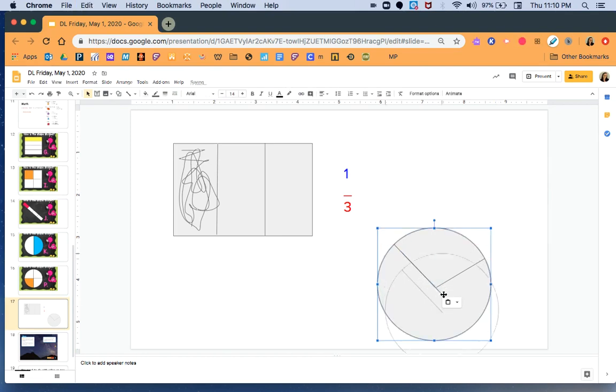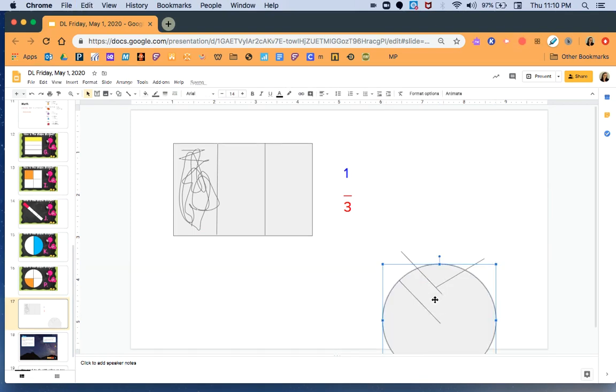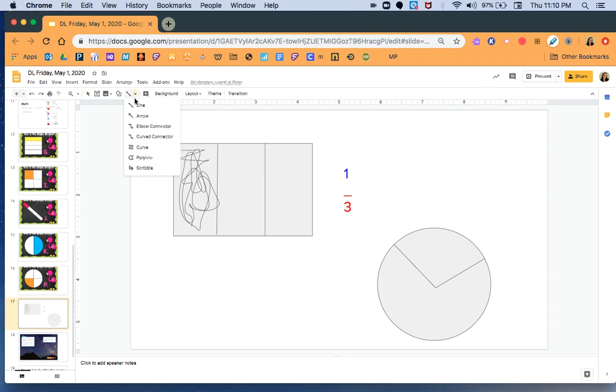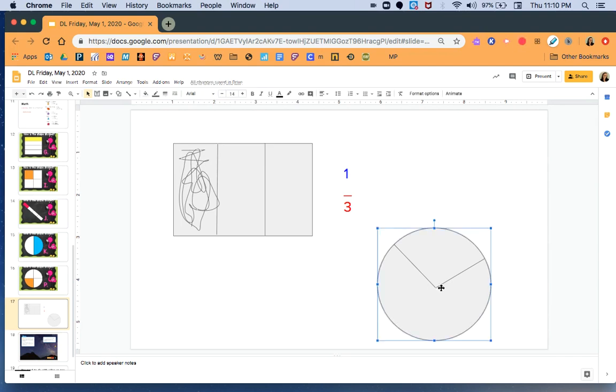I'm going to try and do it again. Uh-oh. Oh, my circle keeps wanting to move. So we'll go plan B. That's okay. Oh, it doesn't want me to divide it.